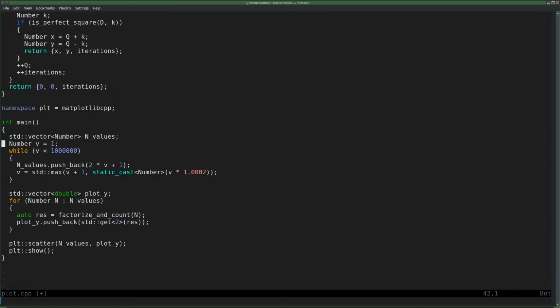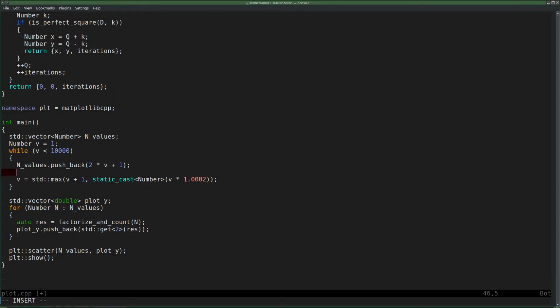I want to plot the number of iterations for every value up till, let's start with 10,000. Let's do every odd value starting with 3.